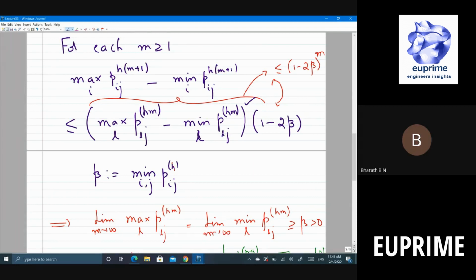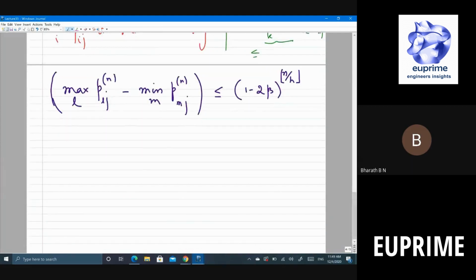If I take hm to be n, then m is of the order of n by h, so I have to replace it by n by h. Do you agree? This should be true. Basically think why this is true. Not difficult.